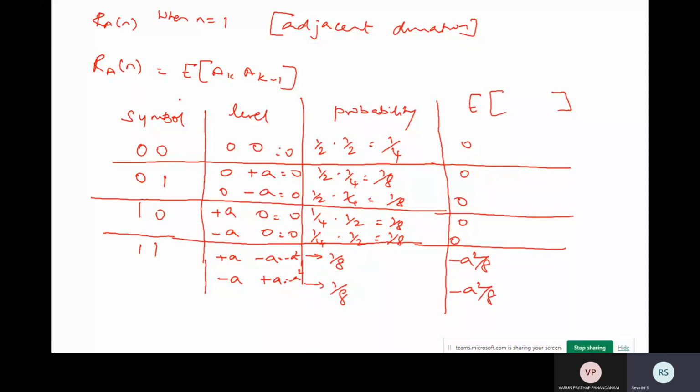Now what is RA of n? RA of n is nothing but the expectation of AK into AK minus 1, which is equal to the sum of all the last column, 0 everywhere else. Here you are having minus A square by 8 plus minus A square by 8, which is equal to minus A square divided by 4.